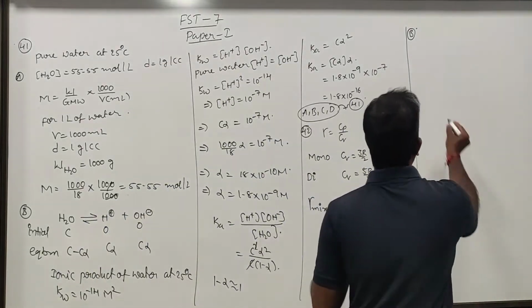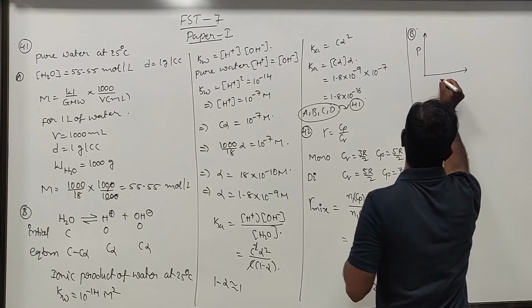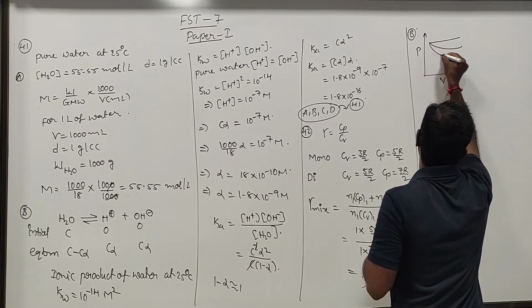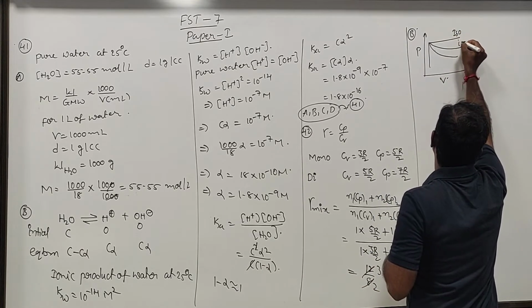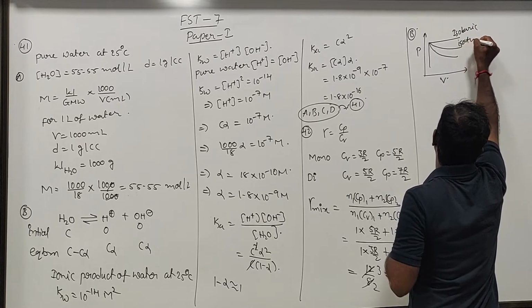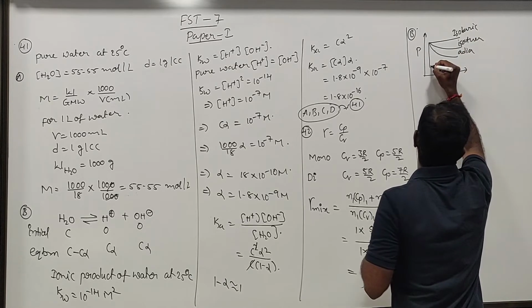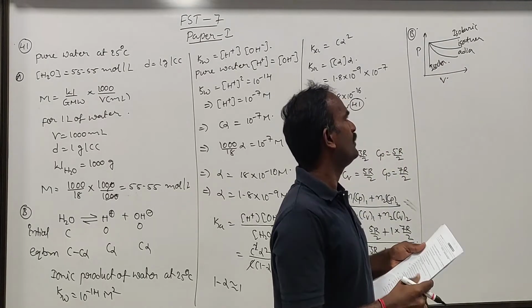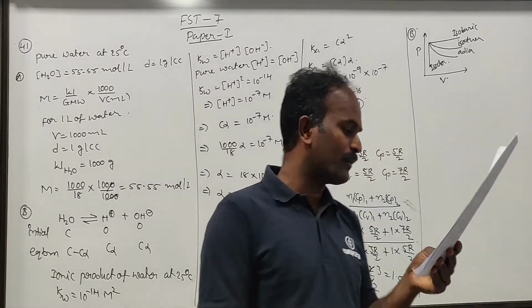Actually, as we all know, we know the PV curve: this is isobaric, isothermal, adiabatic, isochoric. You know that isothermal is definitely greater than the adiabatic. Therefore, that option is wrong.